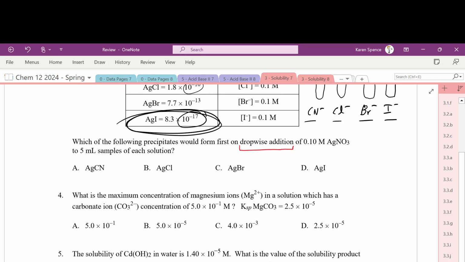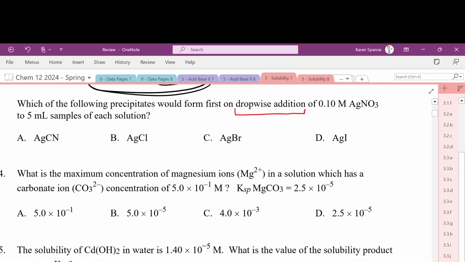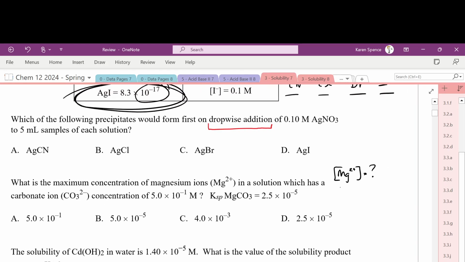What is the maximum concentration of Mg? So the concentration of Mg is what we don't know. We know the concentration of carbonate, that is 5.0 times 10 to the minus 1. And we know that the KSP is 2.5 times 10 to the minus 5.